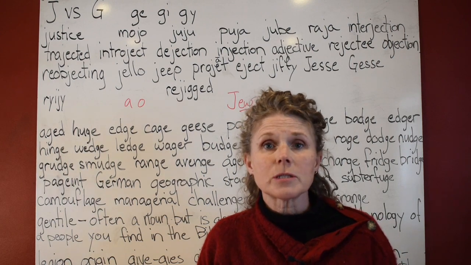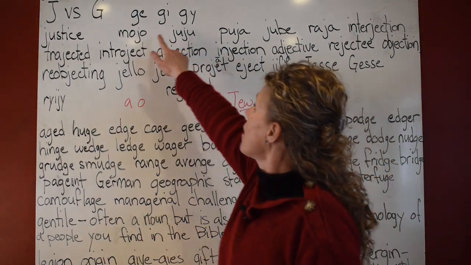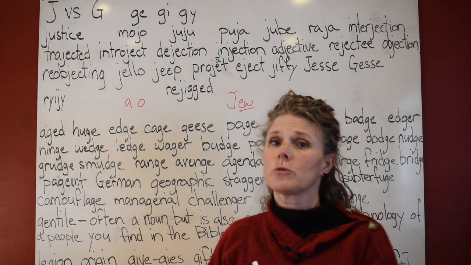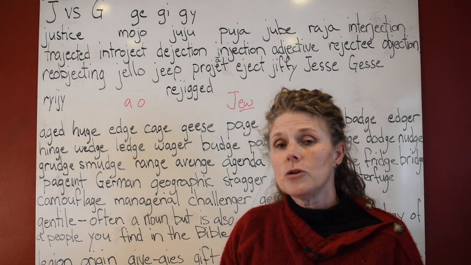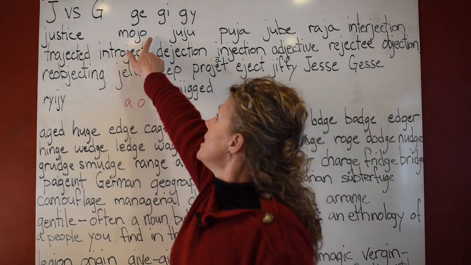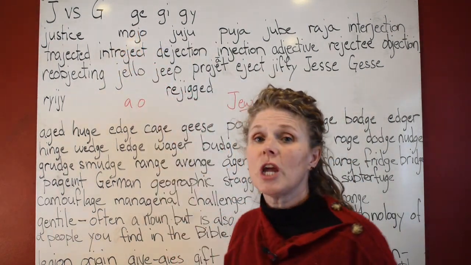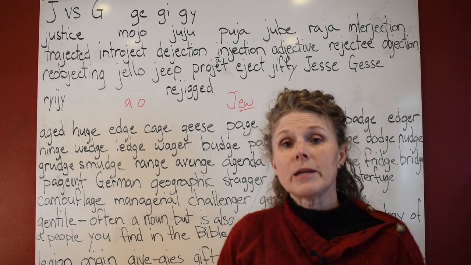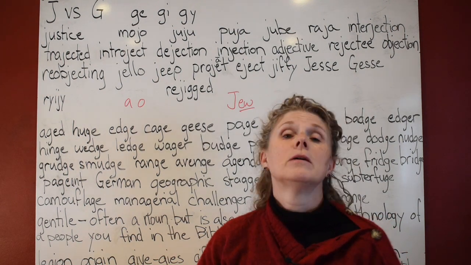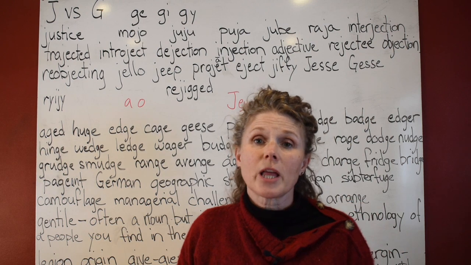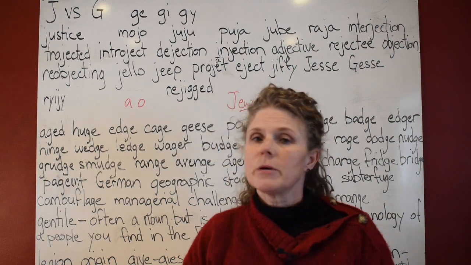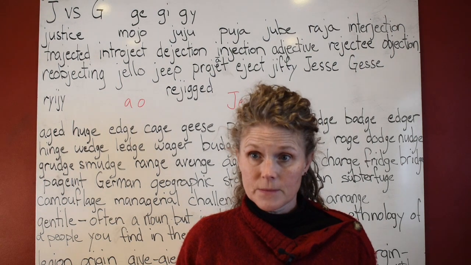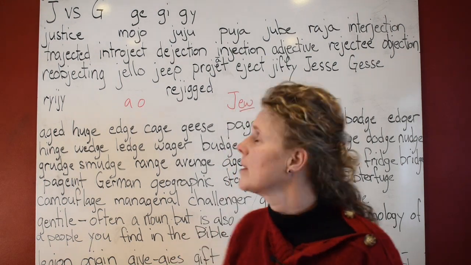There are exceptions, but if you can just remember that G's really go at the end, then you can remember that J's, even close to the end, J's will never sit at the end of a word. They just don't. English words do not have J's at the end. Okay, do you guys remember that?